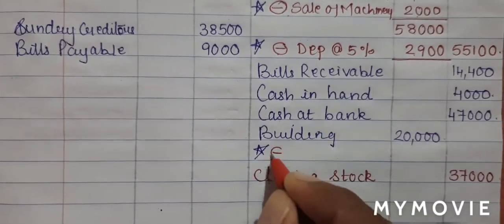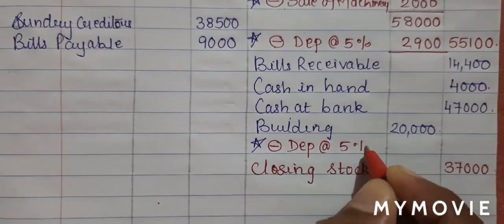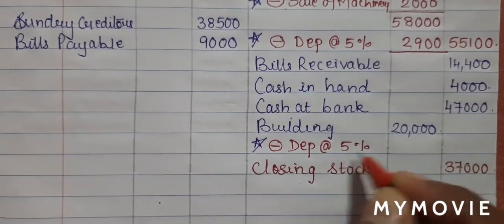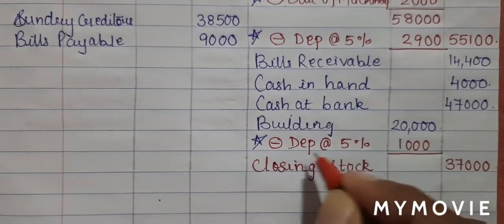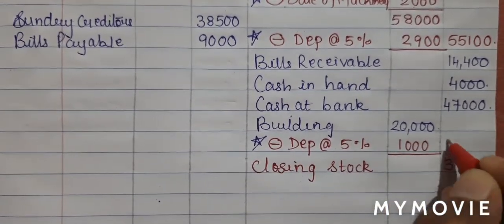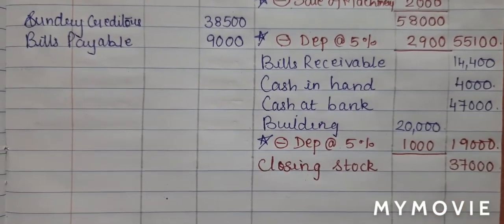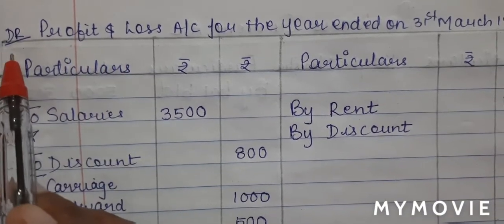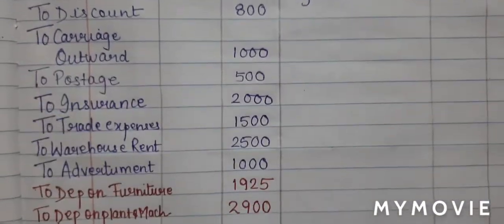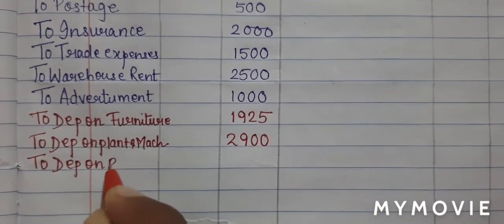So again I'll do depreciation, less depreciation at the rate of 5%. So 20,000 5% will give me 1,000. 20,000 minus 1,000 will give me 19,000 in the outer column. This is my first effect. My second effect will be in profit and loss account debit side. I will write to depreciation on building.